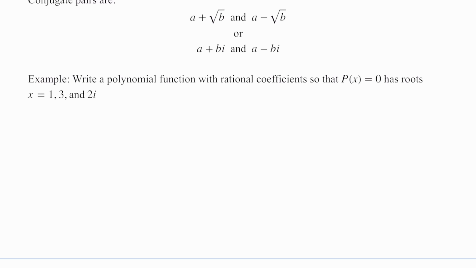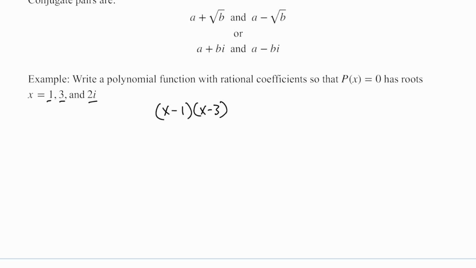What we do is we look at all of these, x equals 1, 3, and 2i, and we rewrite them in their factor form, their binomial form. So x equals 1, that solution would come from the binomial x minus 1. If I plug 1 into that thing, I get 0. 3 would come from x minus 3.